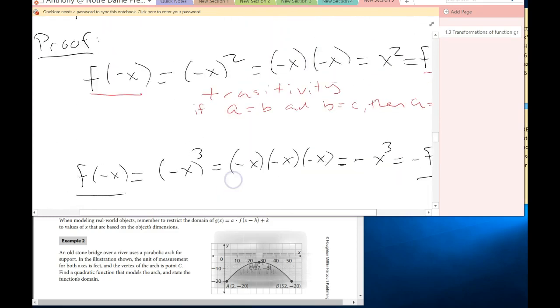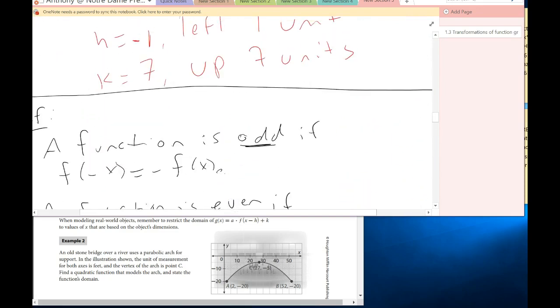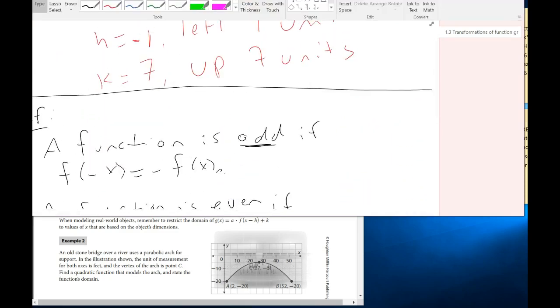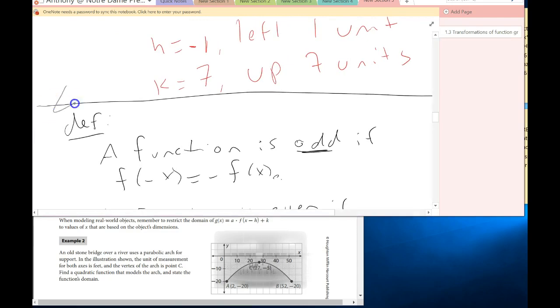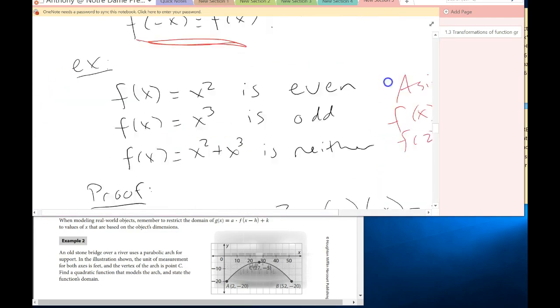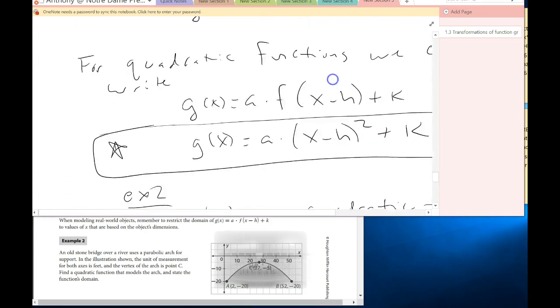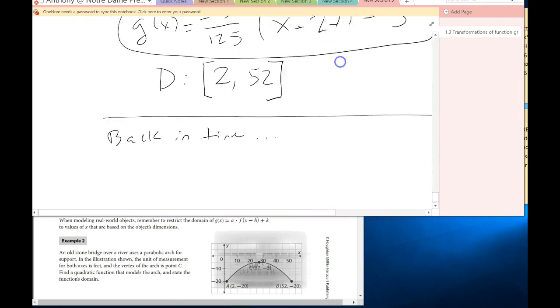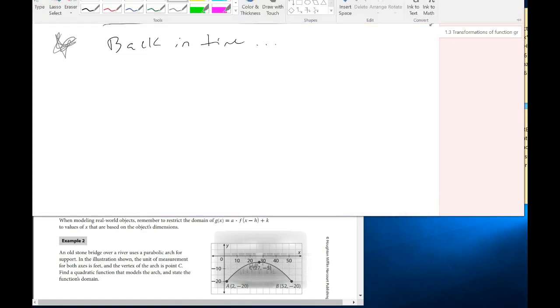Probably right here before I started talking about odds and evens. I really meant for this to go here. I apologize, but I think it'll be okay. So this is the back in time. Meant to be talking about it there.